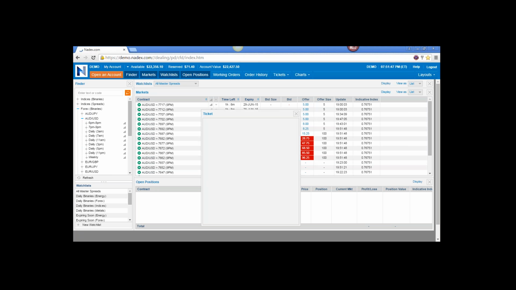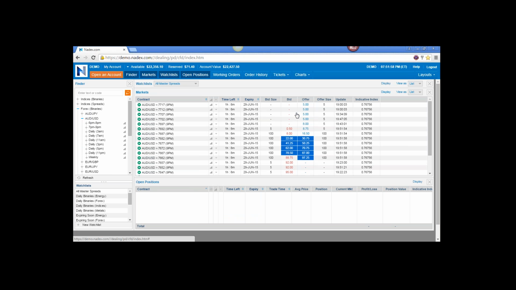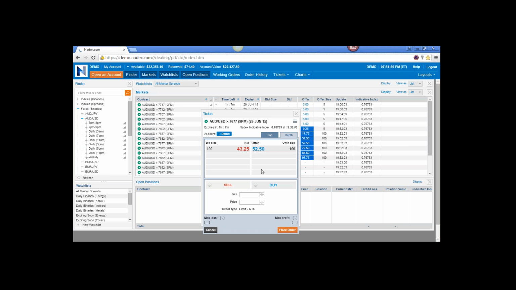But let's say, for example, I bought this binary right here for $32.50. At expiration, that binary will be worth what? Either 0 or 100, correct? But I don't have to hold it till expiration. I can get out of it early.